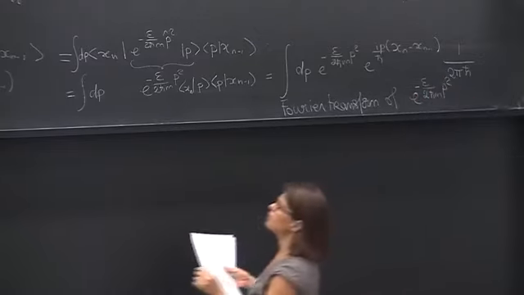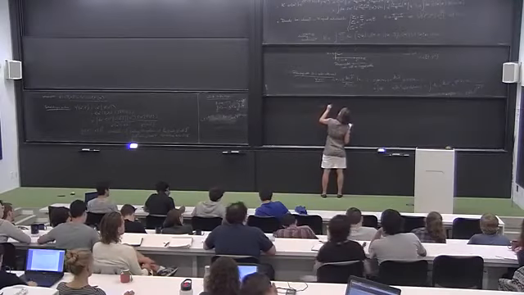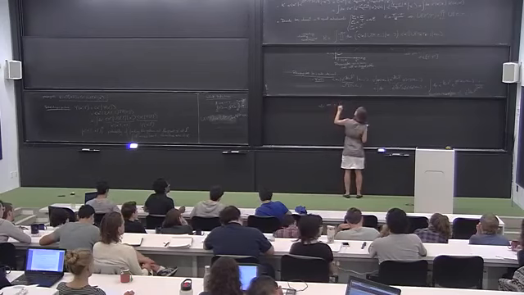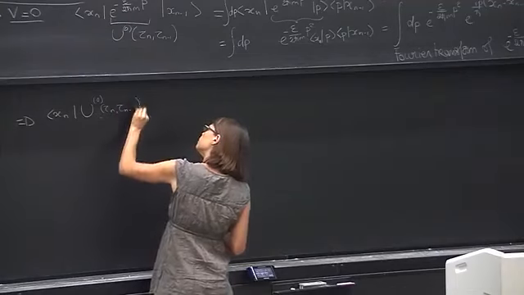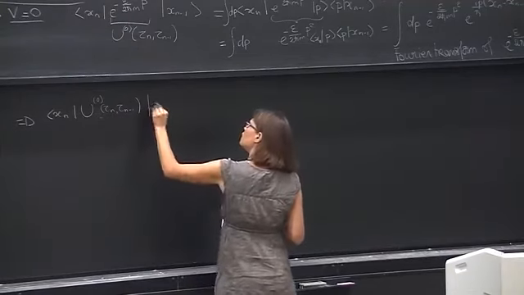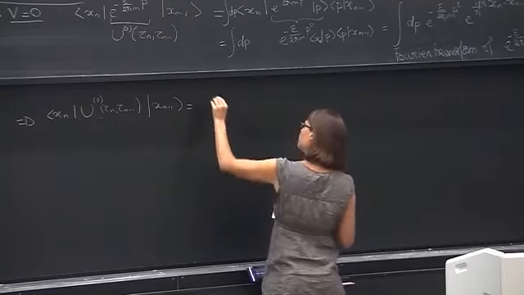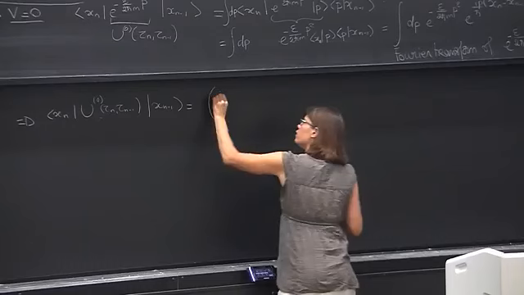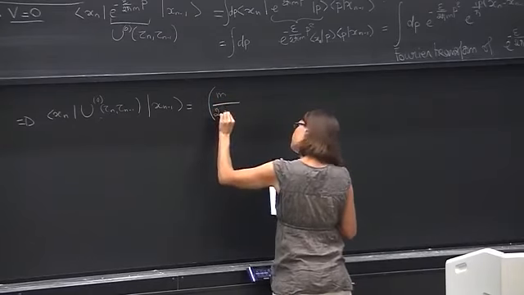And so I just get that the xn for the free propagator between xn minus 1 is just given by, so yeah, you get this factor coming from the fact that your Gaussian is normalized.